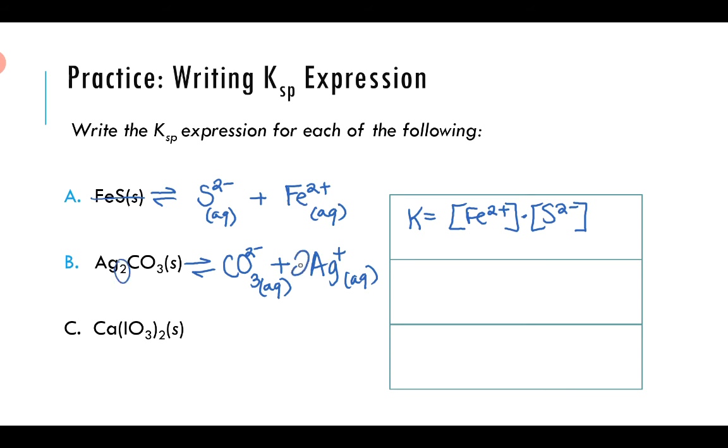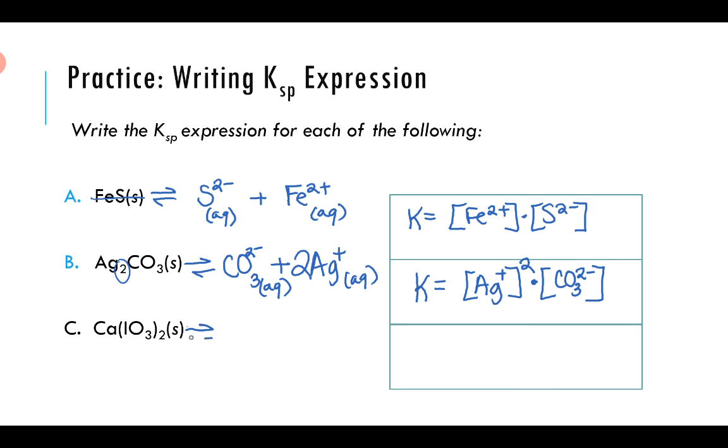That 2 is going to become a coefficient up in front. We'll have 2 separate silver plus ions. So now we can write out our K expression. It doesn't matter which order you write these in. You could write the carbonate first. That's okay. The important thing is that you square the silver ion concentration. And then again, solids do not appear.